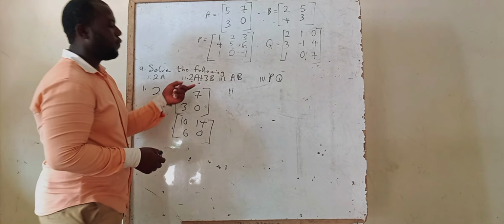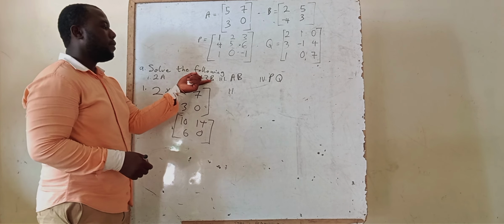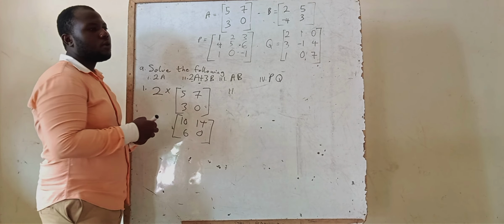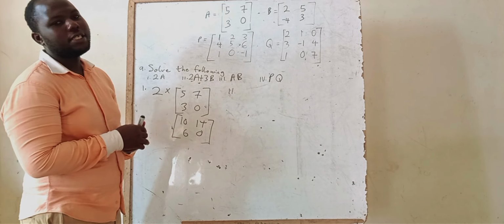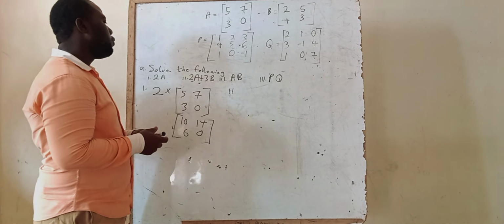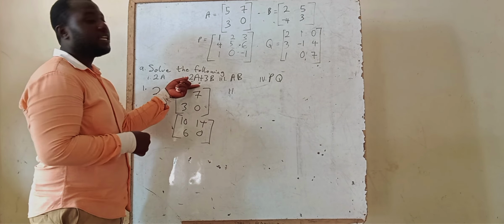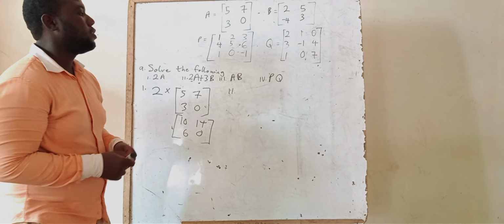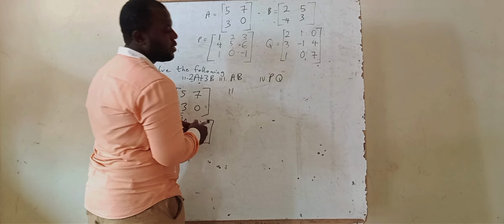II says you should find 2A plus 3B. So this combines scalar multiplication with addition. And we know that we perform multiplication before we perform addition. So let's start solving.